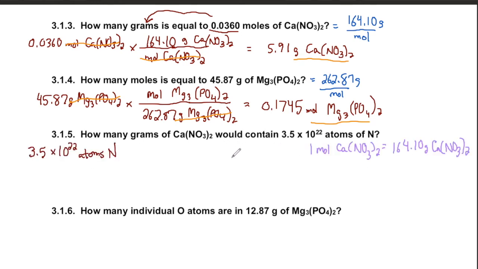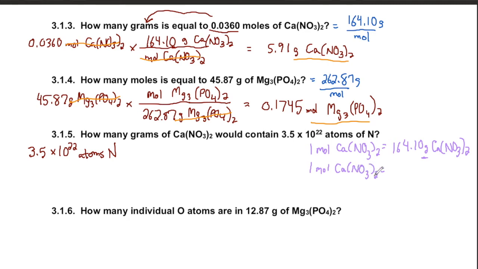This next question is a little bit unusual. We have a number of individual atoms of nitrogen that we want to convert into grams of calcium nitrate. So what we know about the grams of calcium nitrate is its relationship to moles of calcium nitrate. We know that it's 164.10 grams per mole. Another relationship that we can figure out is that a mole of calcium nitrate has 2 moles of nitrogen in it.